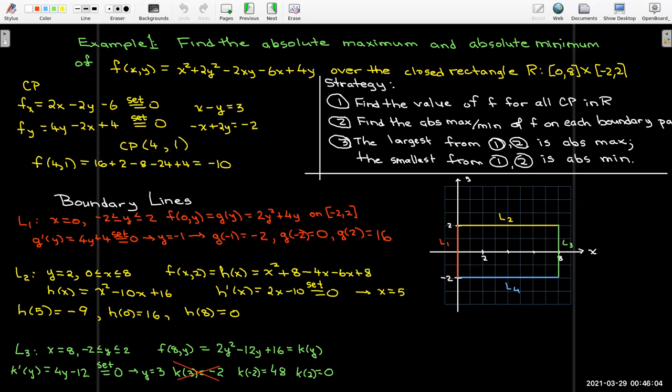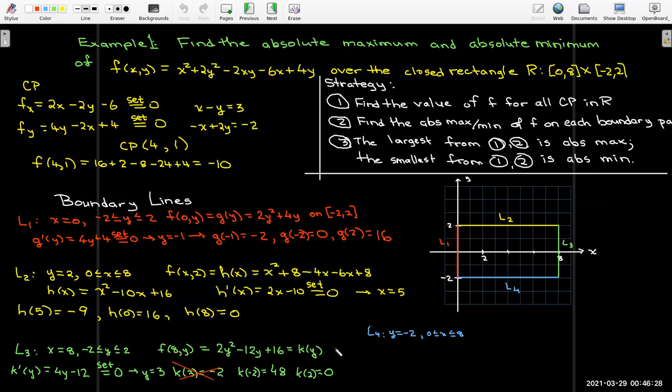I still need to find the values at the endpoints. So k of -2 is 48 and k of 2 equals 0. So k of 2 should be the same as h of 8, and it is. So that's good. So our last line here, we have y equals -2.